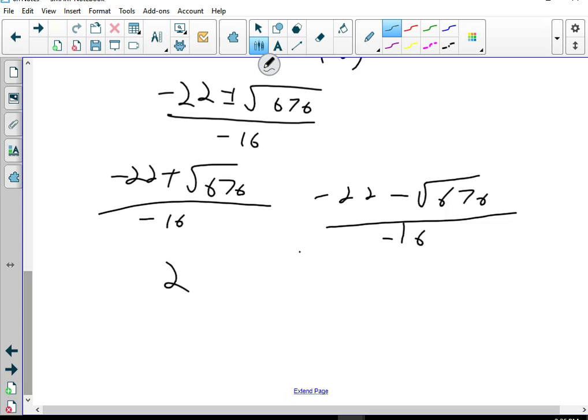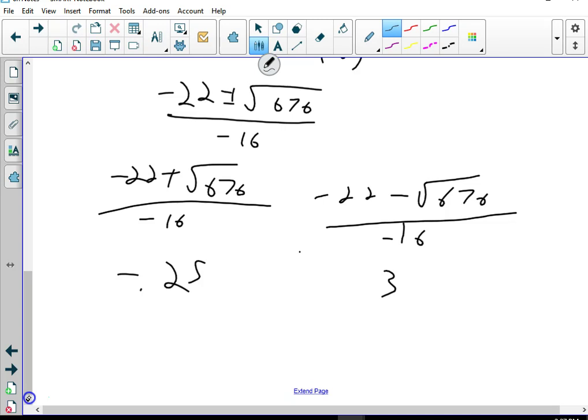So this is going to be negative 22 minus 26 divided by negative 16. Negative 22 plus 26 divided by negative 16. Yeah, this should be negative 0.25.